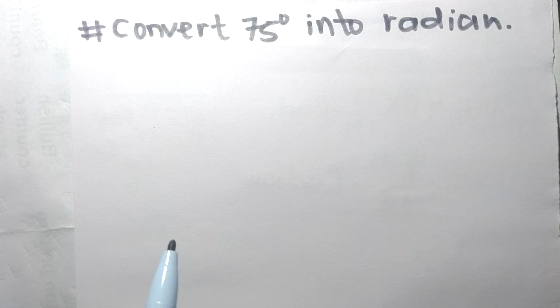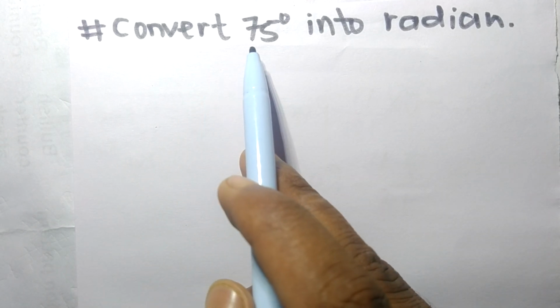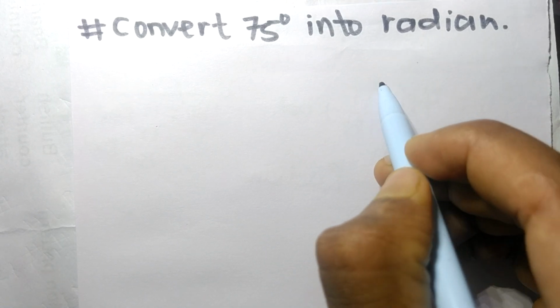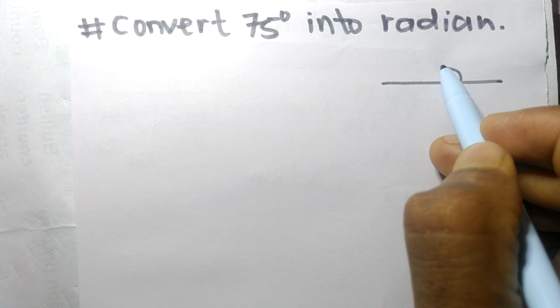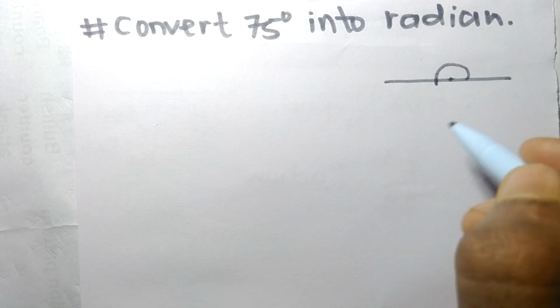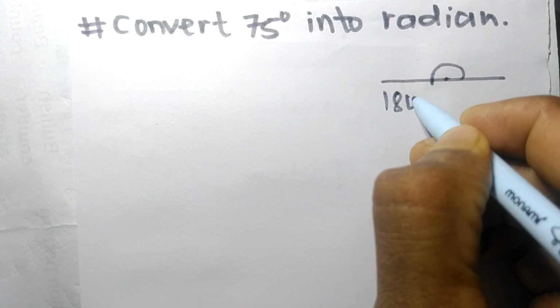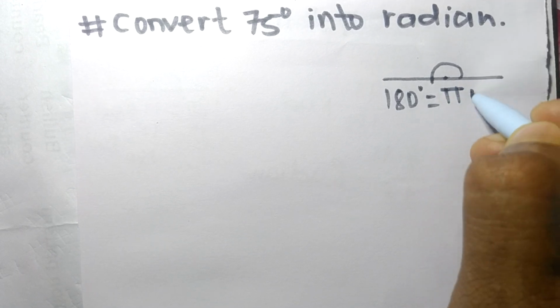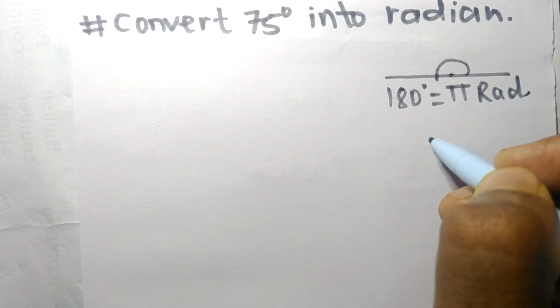So today in this video we shall convert 75 degree into radian. So in a straight line or in a semicircle, the sum of angles is 180 degree and it is equal to pi radian.